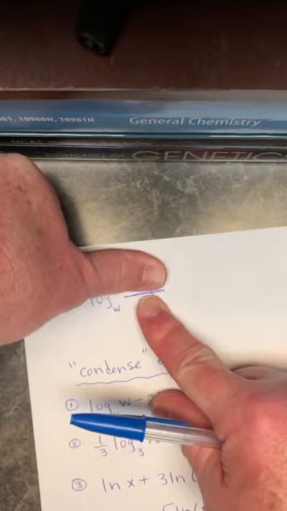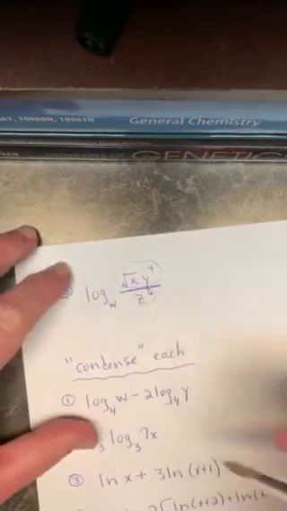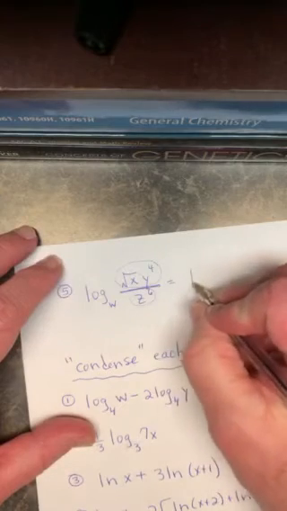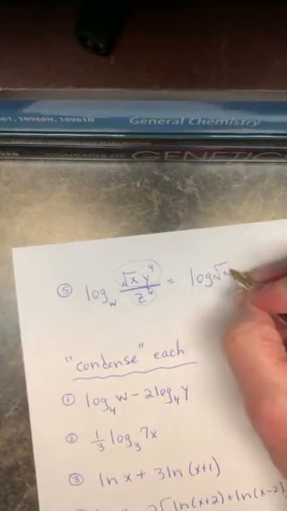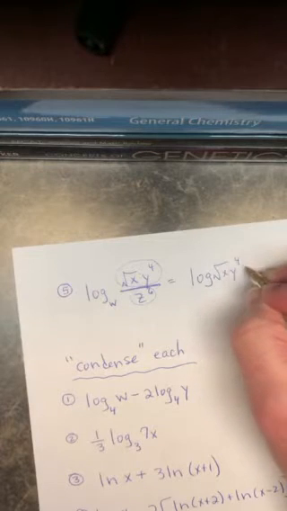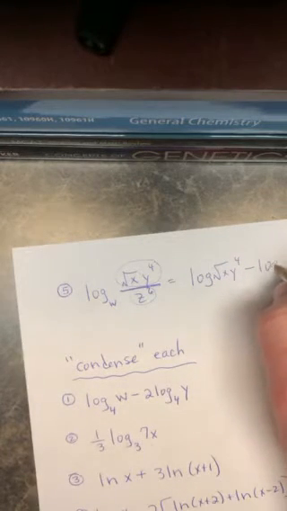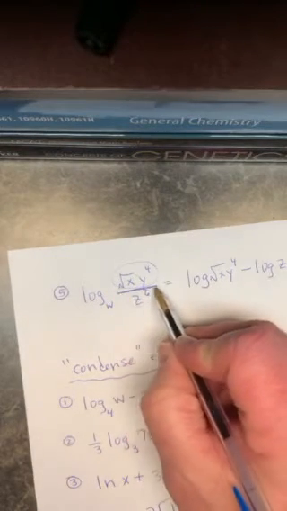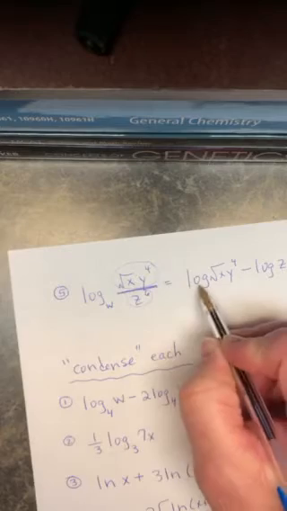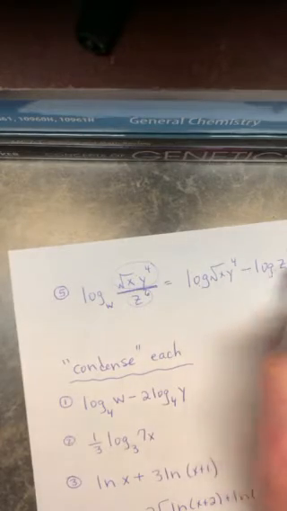So my first thought in my expansion is to go ahead and write the log of radical x y to the 4th minus the log of z to the 6th. Because it was a quotient bar, I put the log of m minus the log of n.